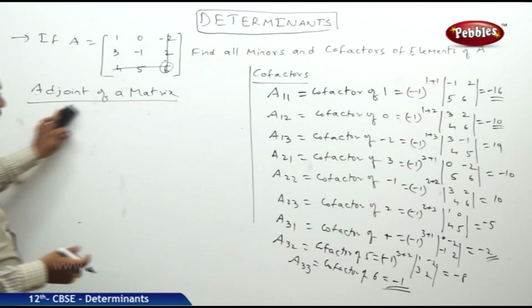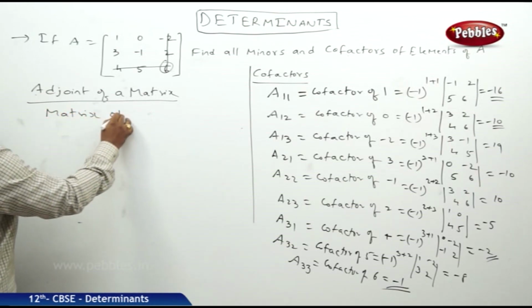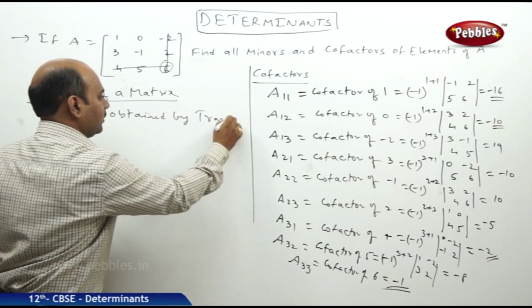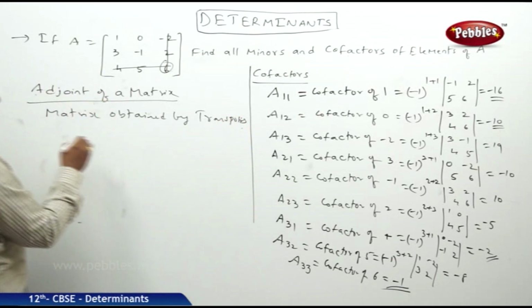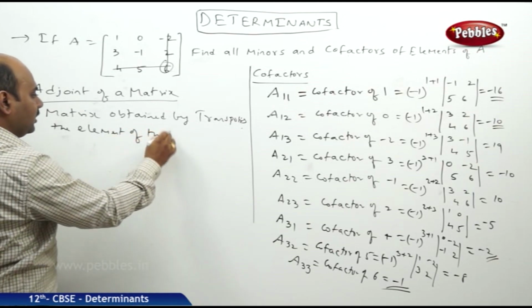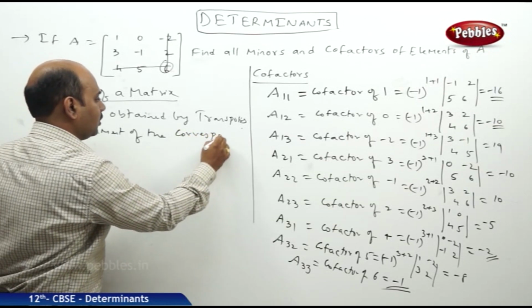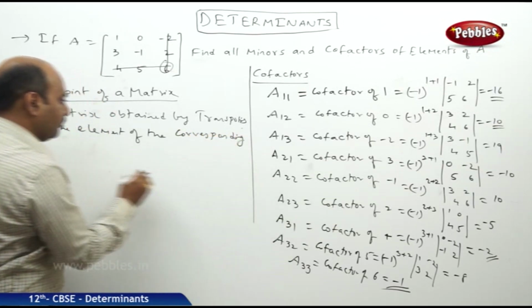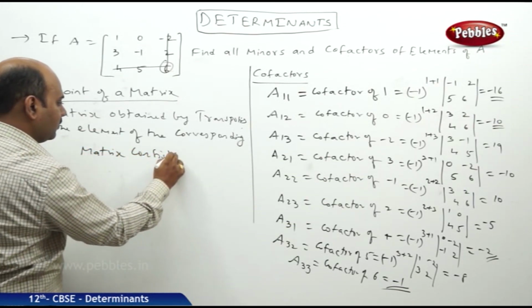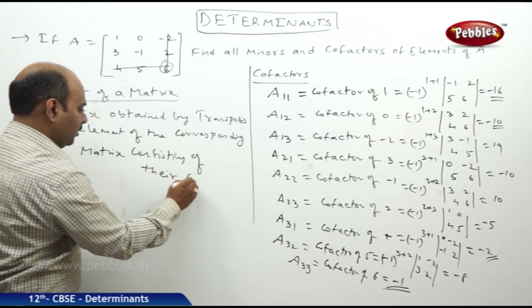Right. What do you mean by adjoint of a matrix? It means the matrix obtained by transposing the elements of the corresponding matrix consisting of their cofactors.